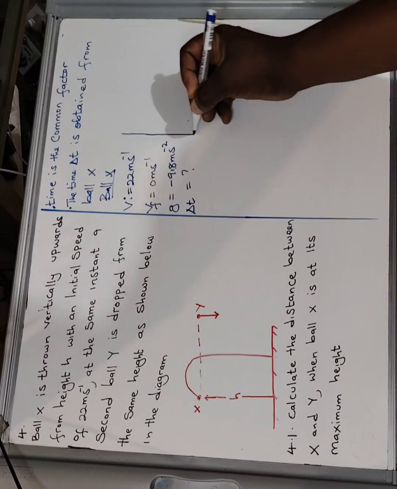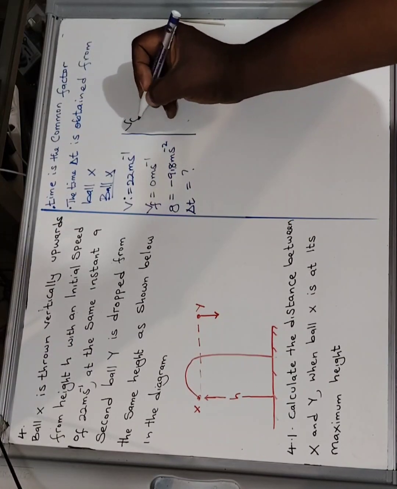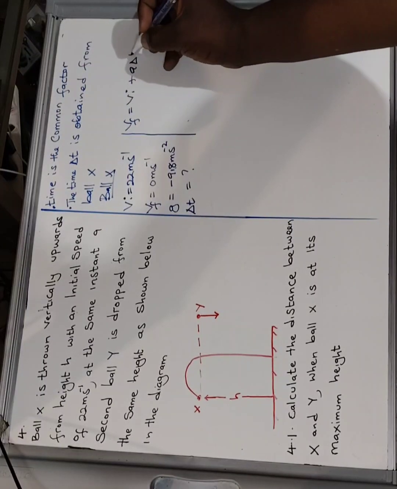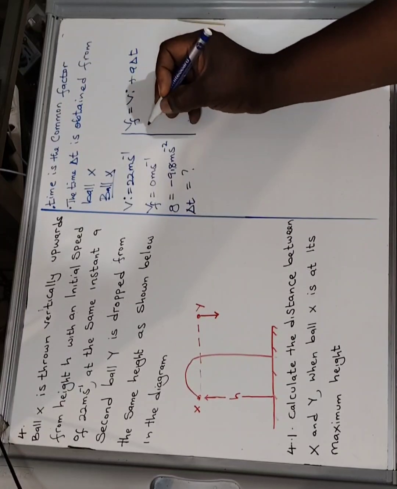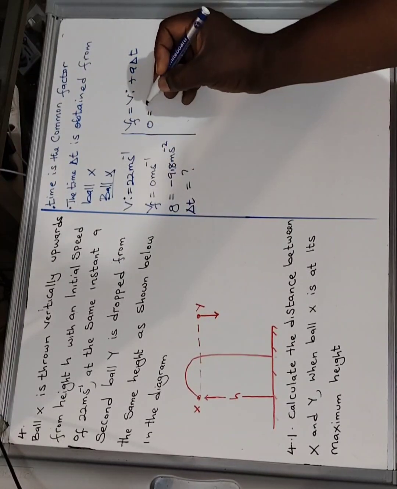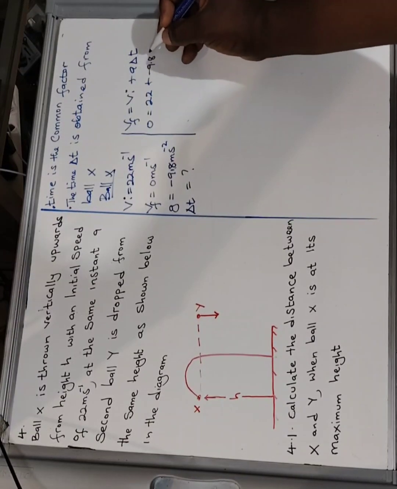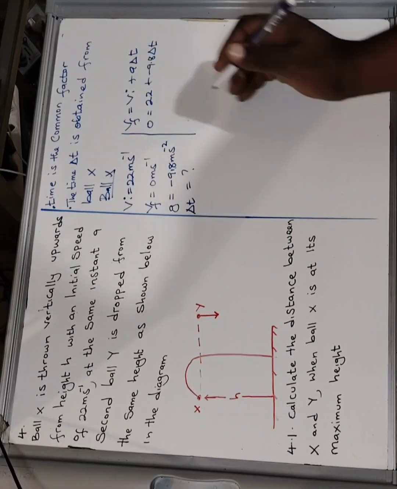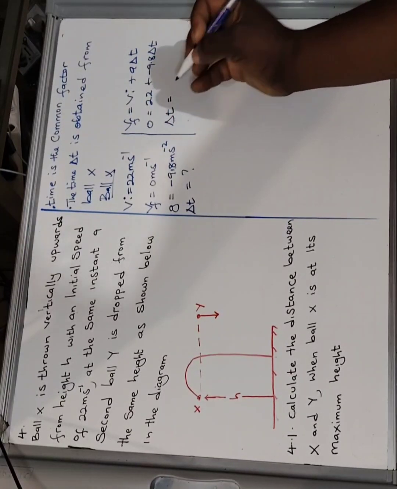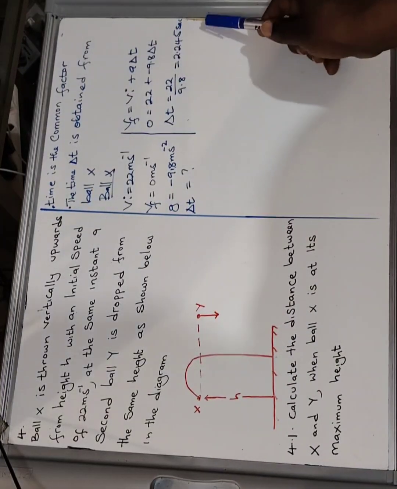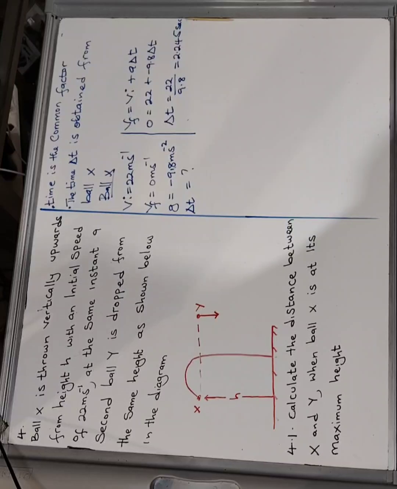It happens to be the first equation. What does it say? Vf is equal to Vi plus a delta t. After substitution, this is what we get. So delta t is now known. And what is it? We have the time, which is 2.245 seconds.